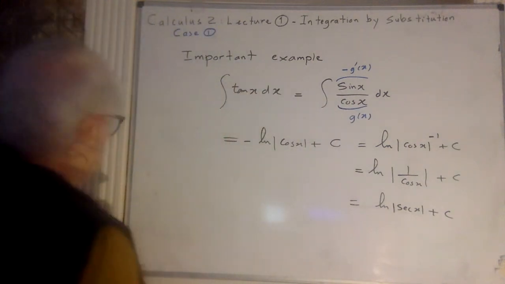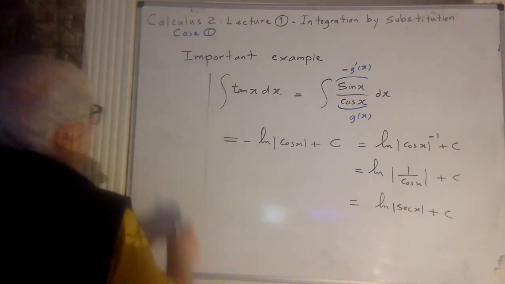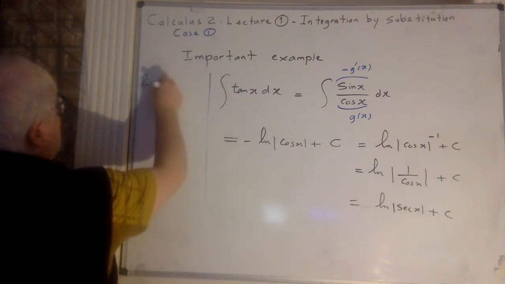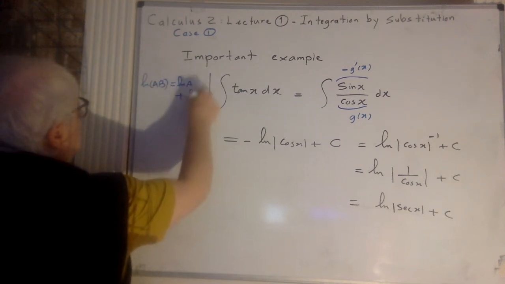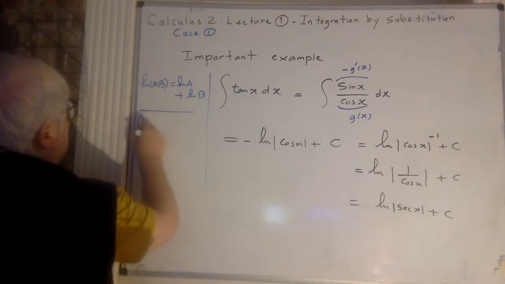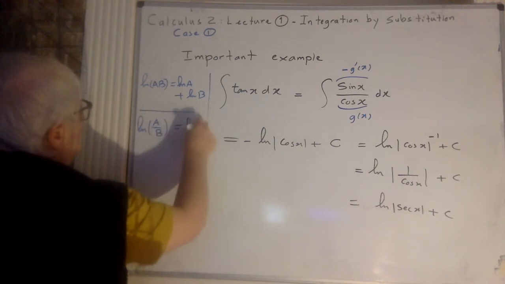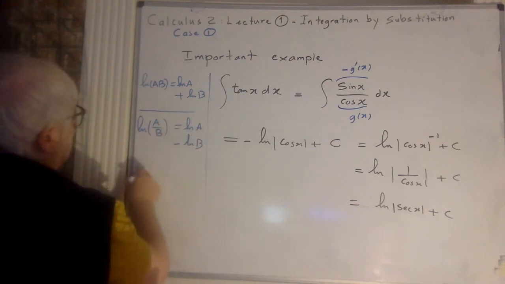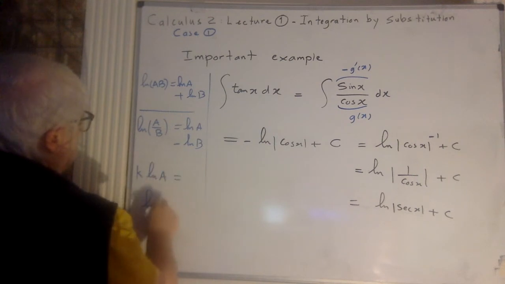Now, if you cannot remember, let me write some rules on ln. So I have ln of ab is ln a plus ln b, ln of a over b is ln a minus ln b, and for some k, ln a to the power k is k ln a.